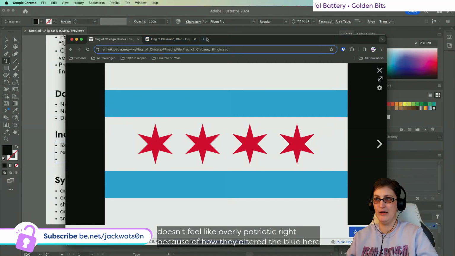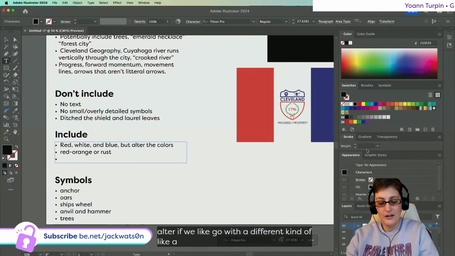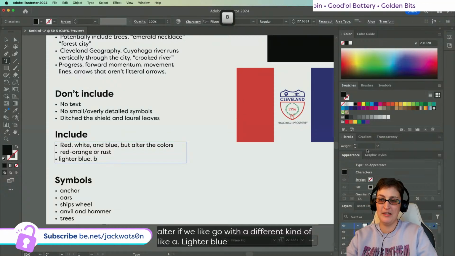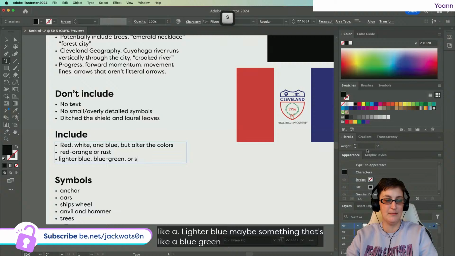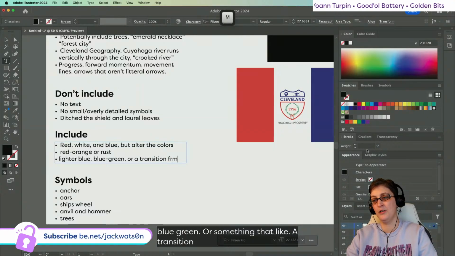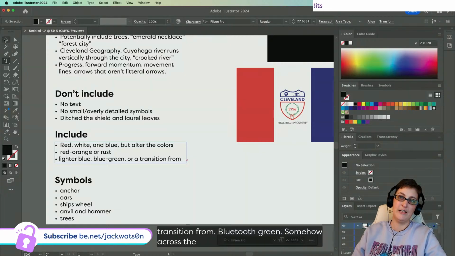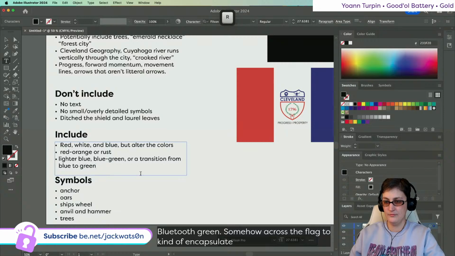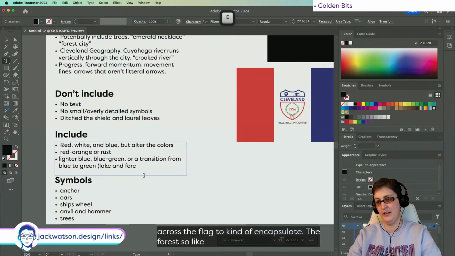The red is still pretty red, but if we go with a different kind of lighter blue, maybe something that's a blue green, or a transition from blue to green somehow across the flag to encapsulate the forest. So lake and forest concept, right?